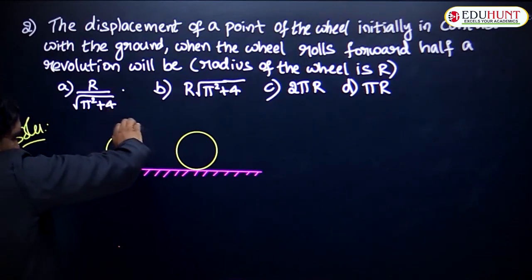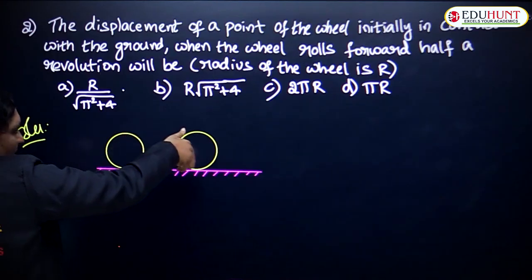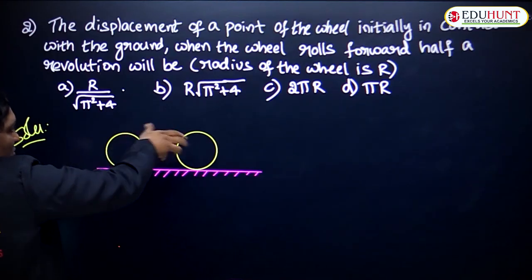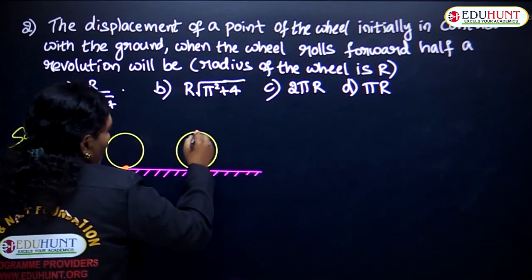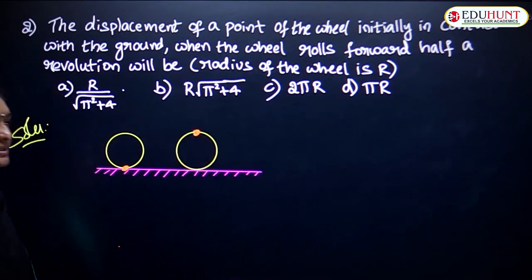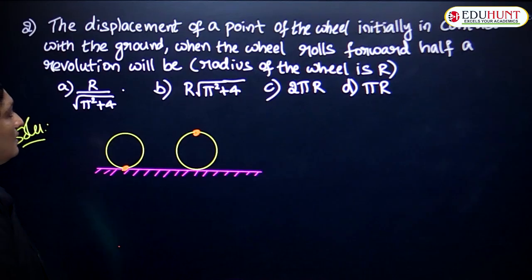After rotating, the thumb will go up. After half a revolution, this point would have taken a new position, somewhere here.